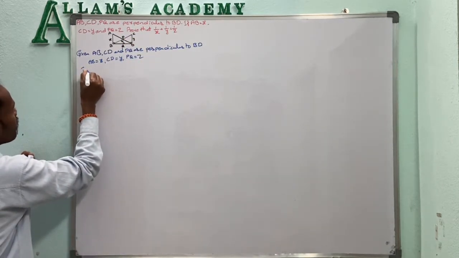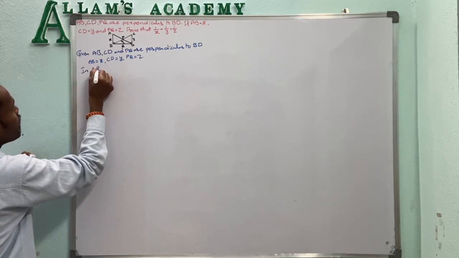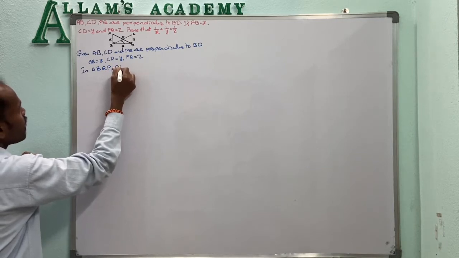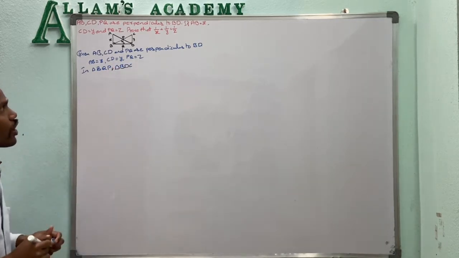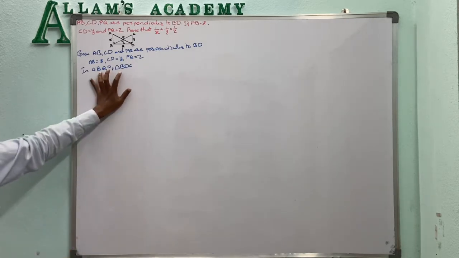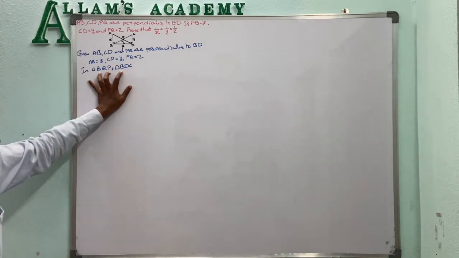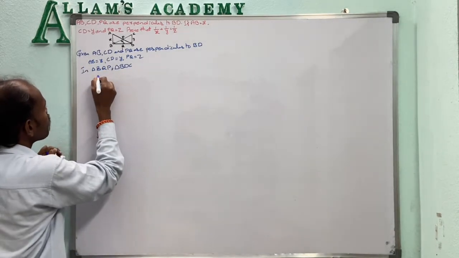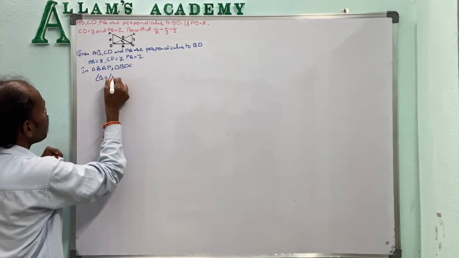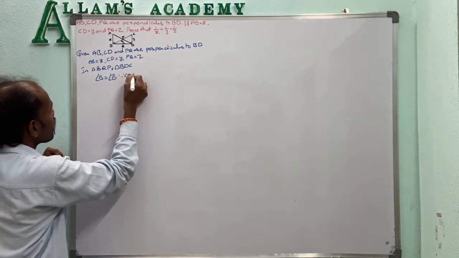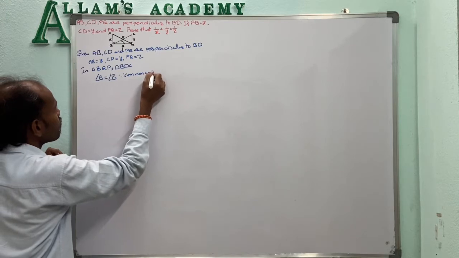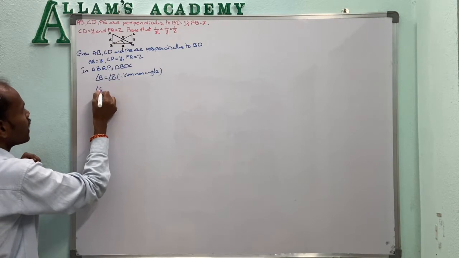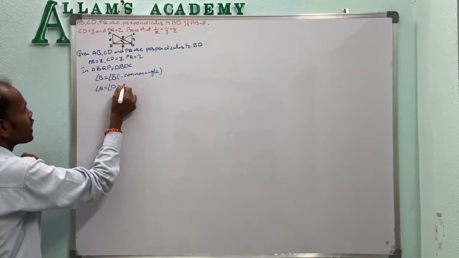In triangle BQP and triangle BDC, observe both triangles: B is the common vertex. So the common angle is B. Angle B equal to angle B, since it is a common angle. And angle Q equal to angle D, that is nothing but 90 degrees.